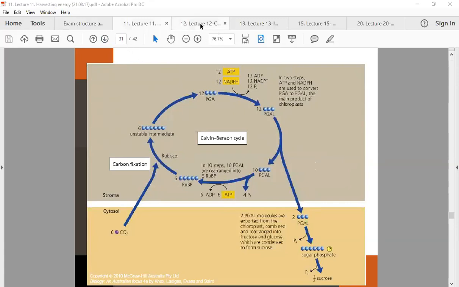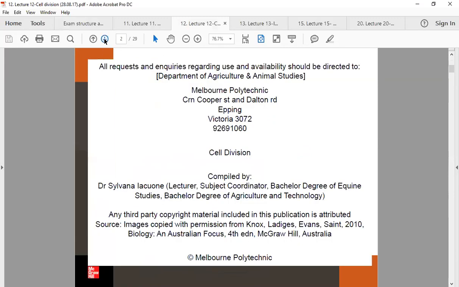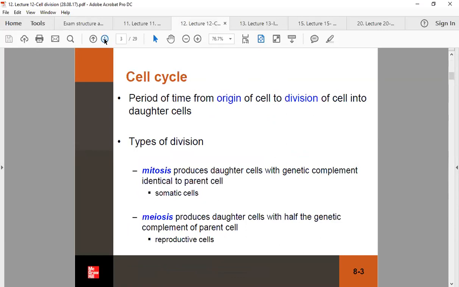Now let's turn our attention to Lecture 12, Cell Division. All right, so remember that we looked at these two major types of cell division processes, mitosis and meiosis.